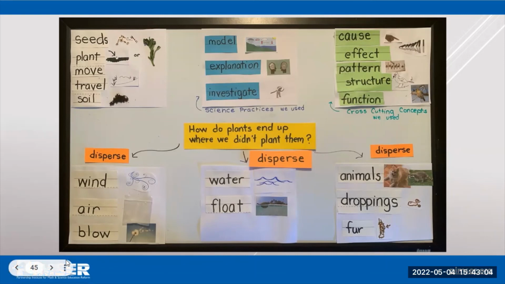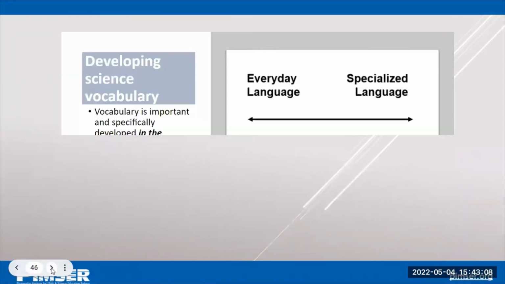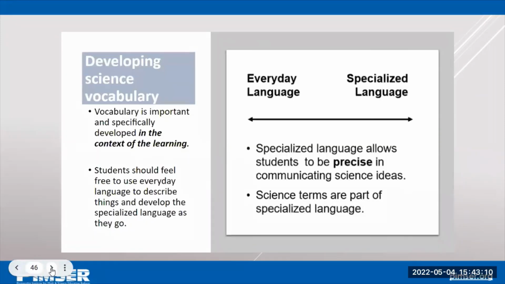So as we close today's session, a couple of key points to remember. Terminology and vocabulary is really important, and conceptual vocabulary should be specifically developed in the context of the learning.